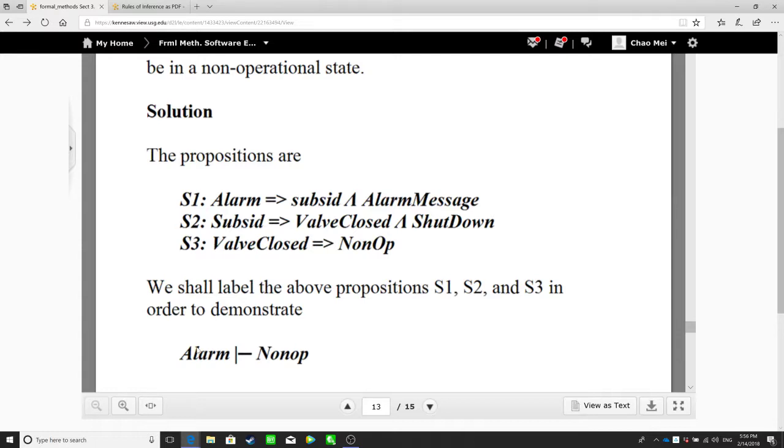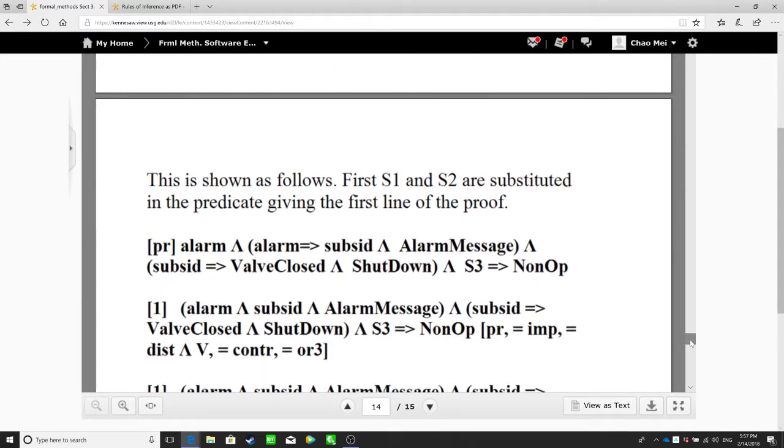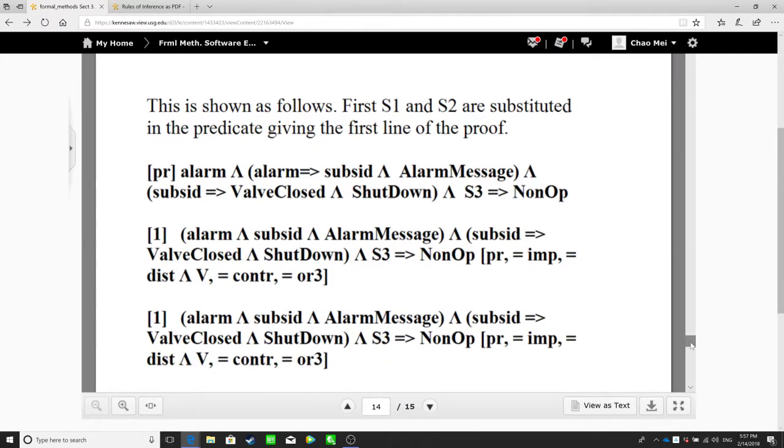So it basically is S1 and S2 and S3 and this alarm implies non-stop. Yeah, basically here is the alarm and S1, and this whole thing is S2 and S3. We proved non-stop. So basically same thing.